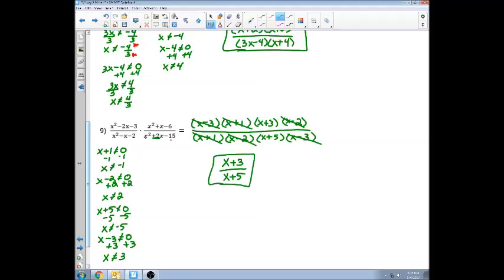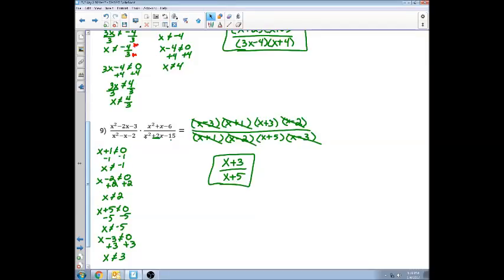And I am done. Now I know that's a lot of stuff I threw at you there. There's a lot of review on factoring. So that's why you really need to be using that step sheet I gave you yesterday. Go right down that list until you start getting comfortable with this stuff.